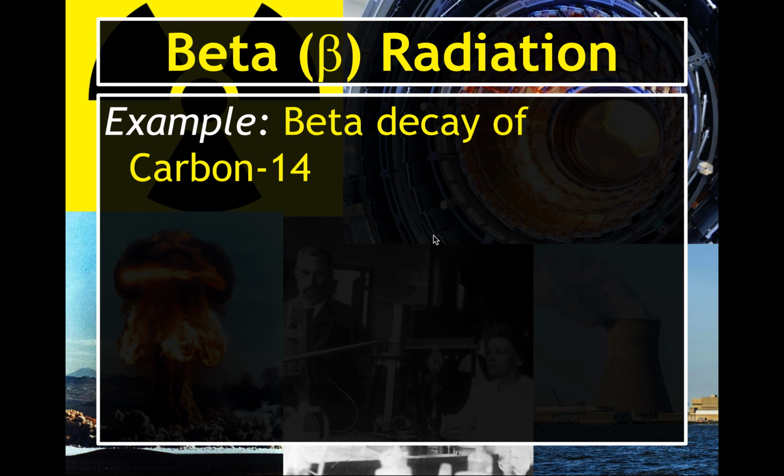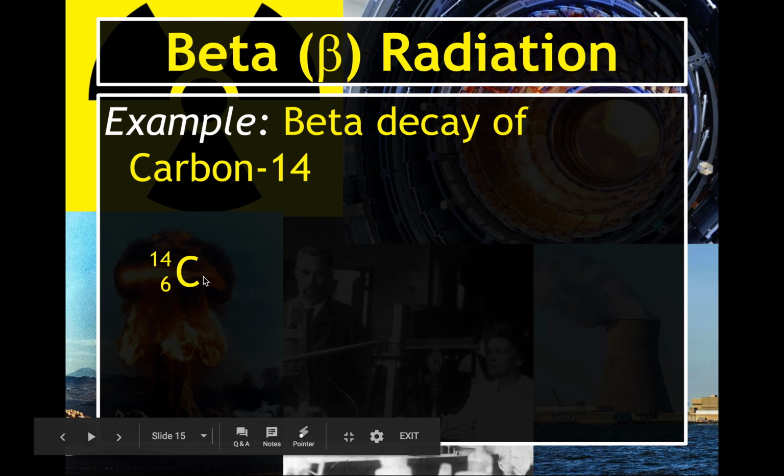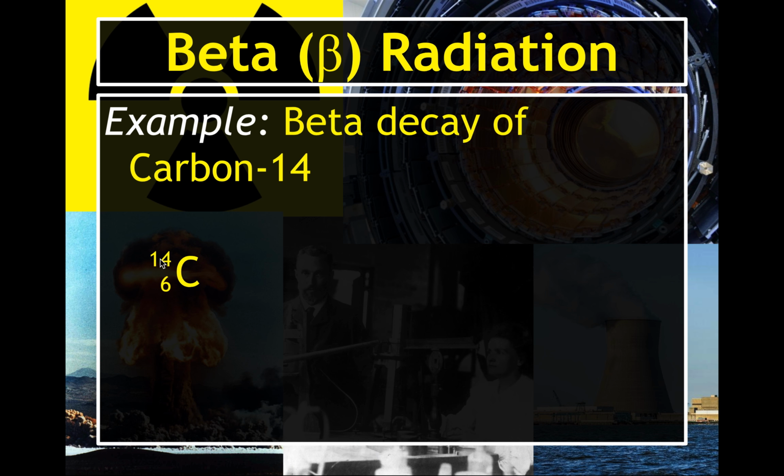So here's an example of the beta decay of carbon-14. Carbon has 6 protons, and in this case, it has 8 neutrons. When it undergoes radioactive decay, it's going to keep the same mass, but you can see that it's actually gaining a proton, because one of our particles has disintegrated.